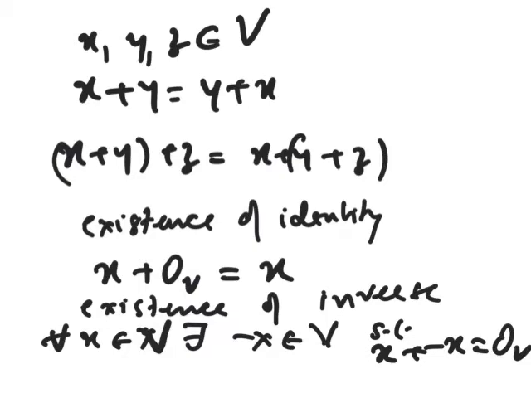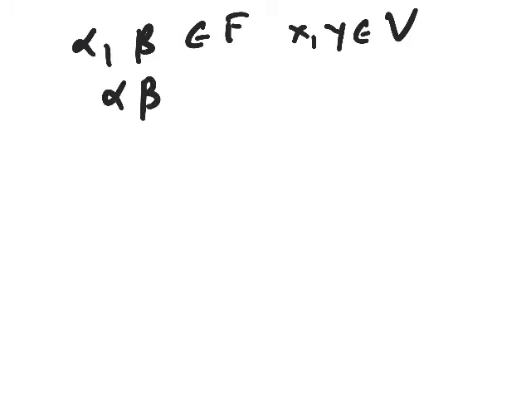Okay, the next properties are, say, let us take alpha, beta elements of F, x, y elements of V. So I'll write something here. Tell me what is happening.